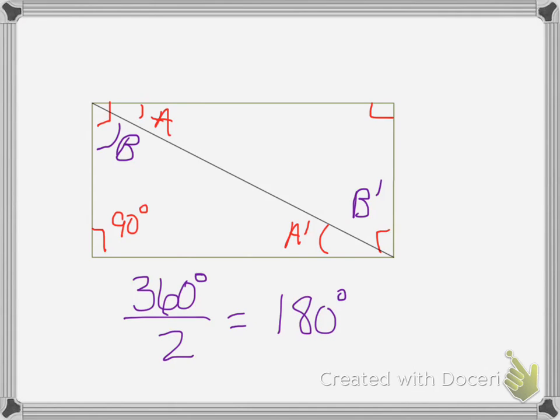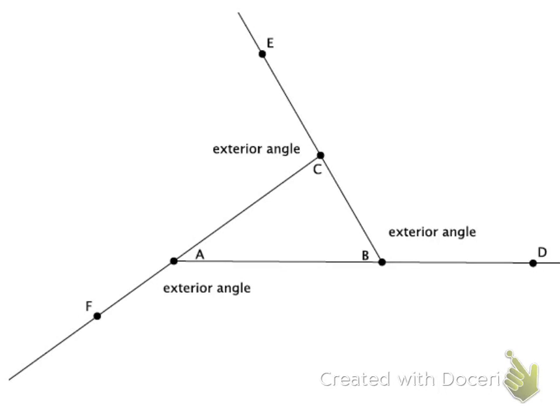Okay, now we're going to look at a diagram similar to the one you have in your classwork and talk about some vocabulary related to that. Okay, so look at this diagram here. It's labeled differently than the one you have in your exercises, so just follow along with me.